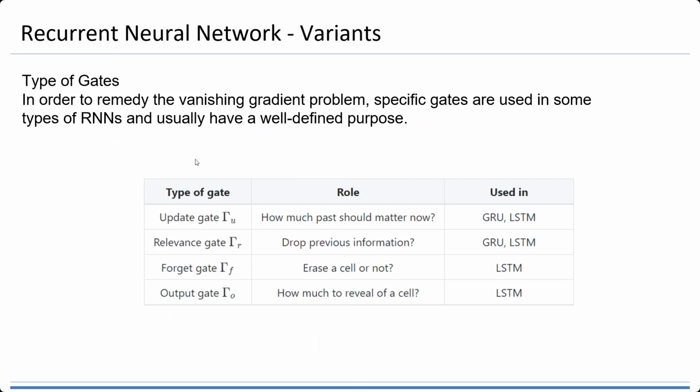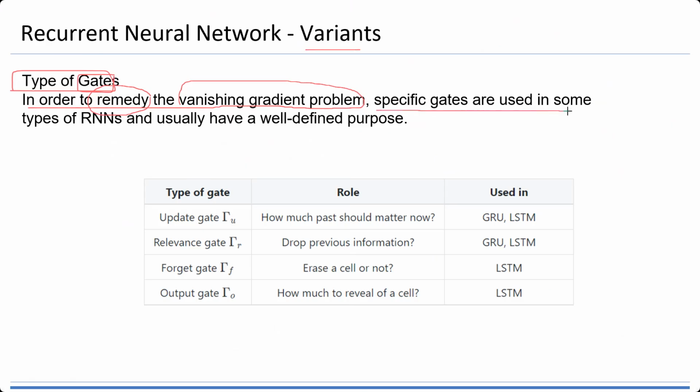People say that the variants of the RNN differ in the gates. Gates are to remedy the vanishing gradient problem. Remedy means to fix the vanishing gradient problem. So we can use the activation function, but we can also use some of the variants of the RNN.